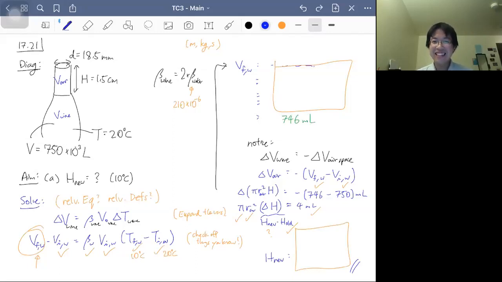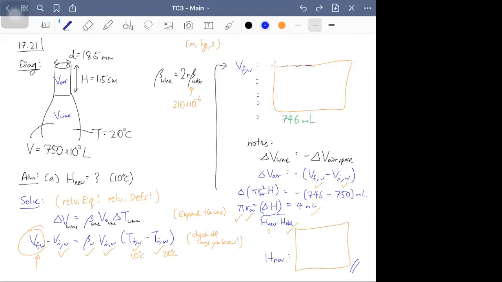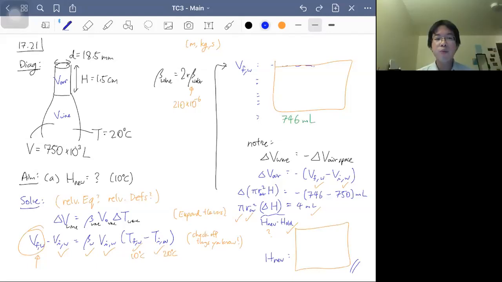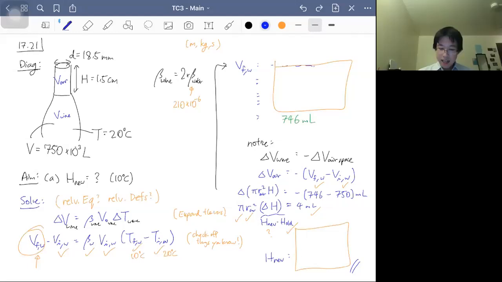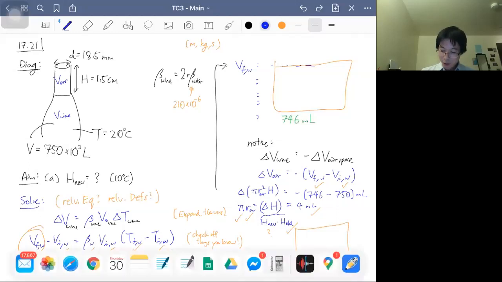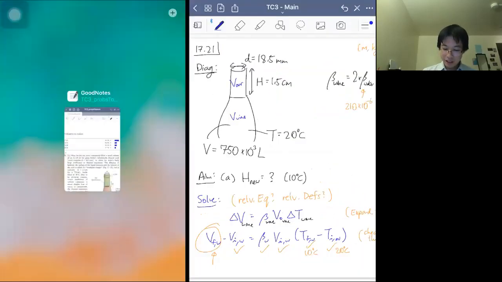I have a question. Yeah, go ahead. So the 750 times 10 to the negative 3 liters, that's the volume of the entire bottle, right? That's the volume of the wine. Oh, so it specifically says it's the volume of the wine? Yeah, so that is one point where there's potential ambiguity.